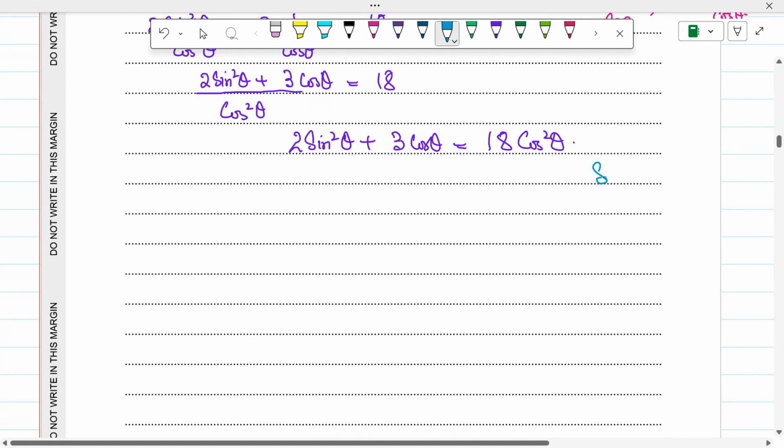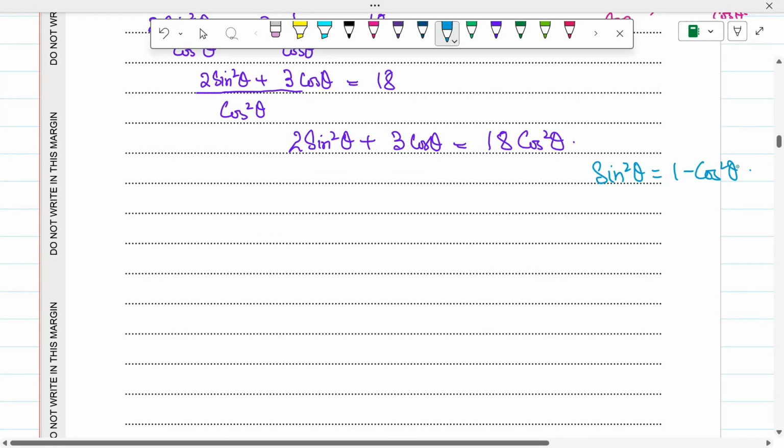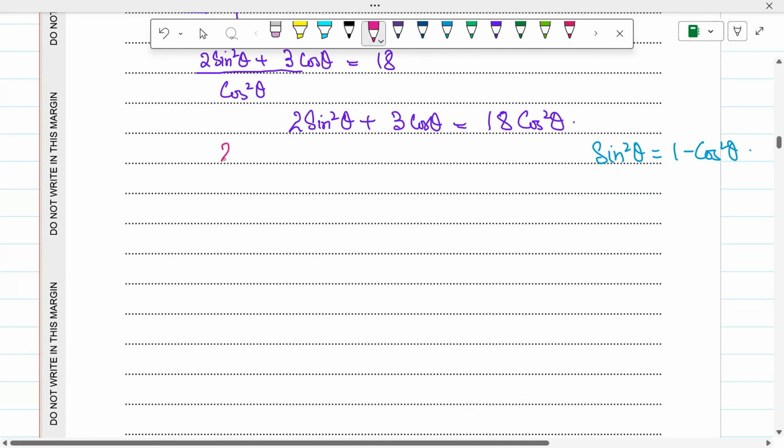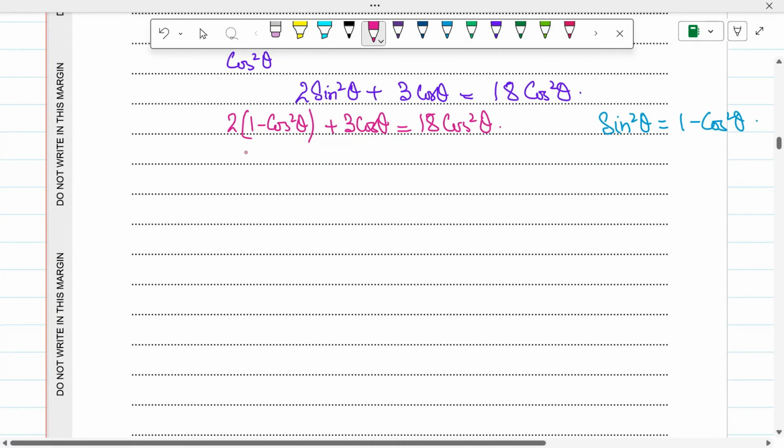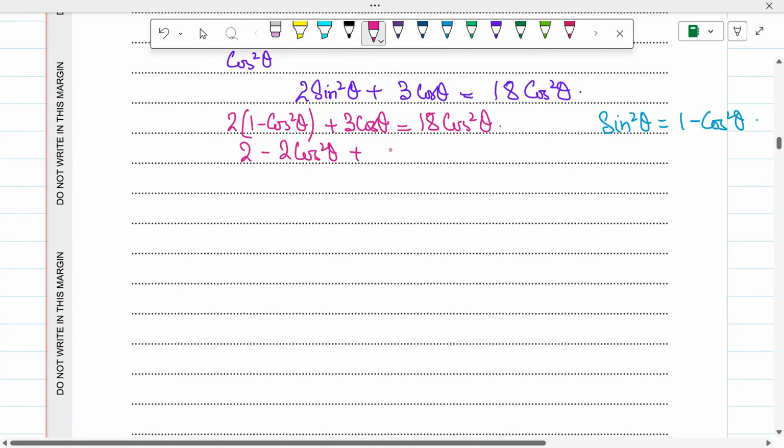We know that sine square of theta is equal to 1 minus cos square theta, so we will have 2 times (1 minus cos square theta) plus 3 cos of theta is equal to 18 cos square theta. This is 2 minus 2 cos square theta plus 3 cos of theta is equal to 18 cos square theta.